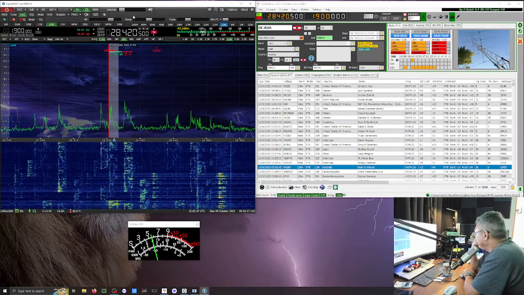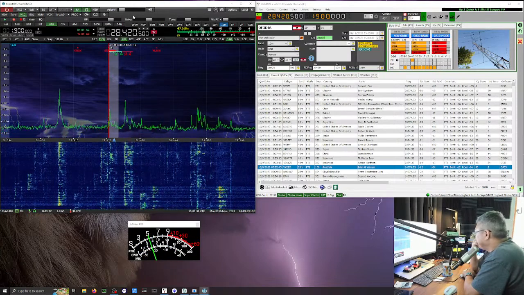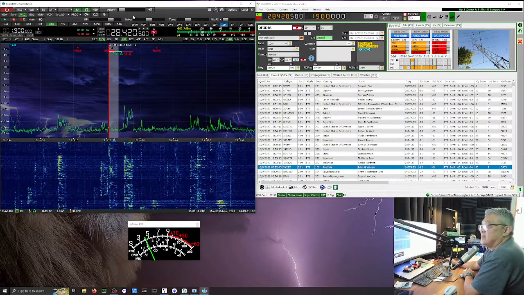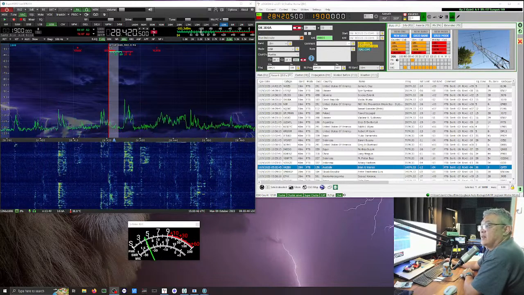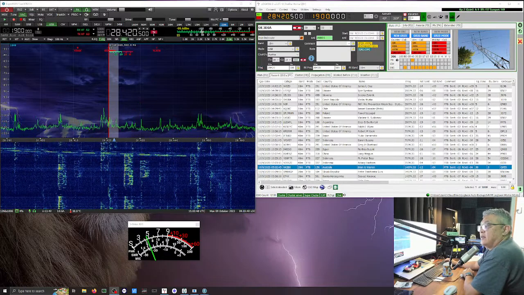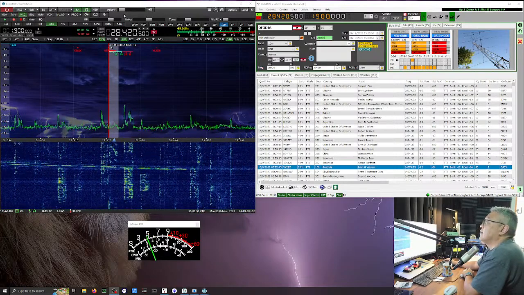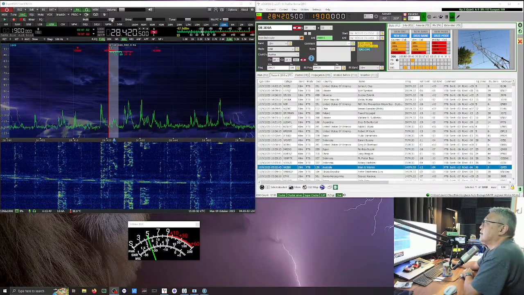Kilo Charlie Hotel, Kilo Germany Hotel. I didn't get your call sign complete. Okay, N5CCH. Apologies. 5 and 9 plus, Indiana. QSL.